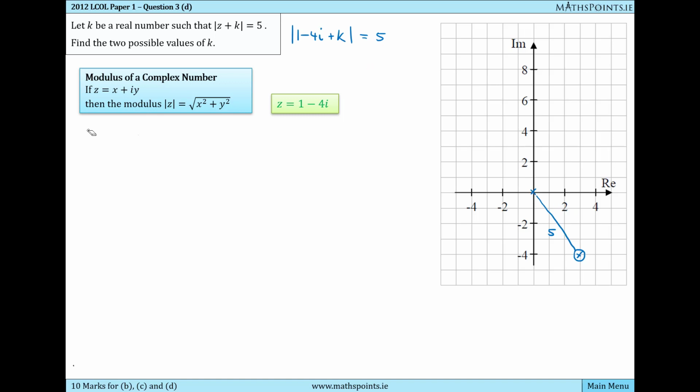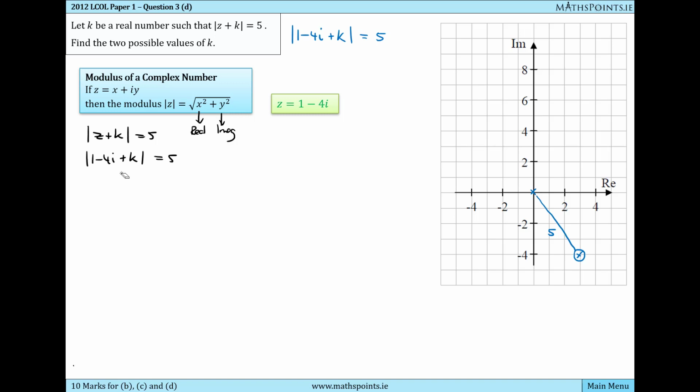So looking at the question from a purely algebraic point of view, we'll write down that the modulus of z plus k is equal to 5. We'll sub in 1 minus 4i for z, and the modulus of that is equal to 5. We know that when we're using this modulus formula, we can only have a real part and an imaginary part.